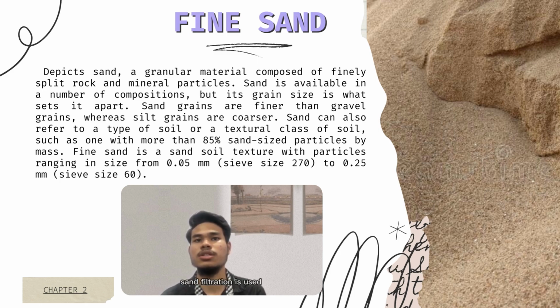Sand filtration is used for the removal of suspended matter as well as floating and sinkable particles. The wastewater flows vertically through a fine bed of sand or gravel. Particles are removed by way of absorption or physical encapsulation.